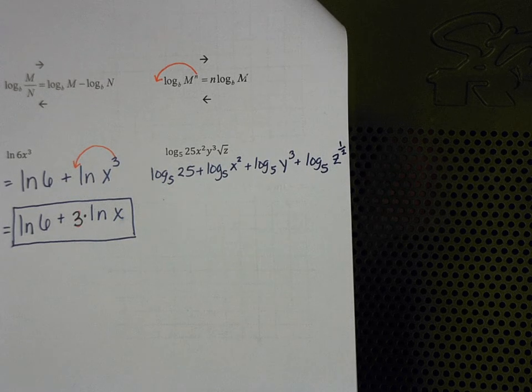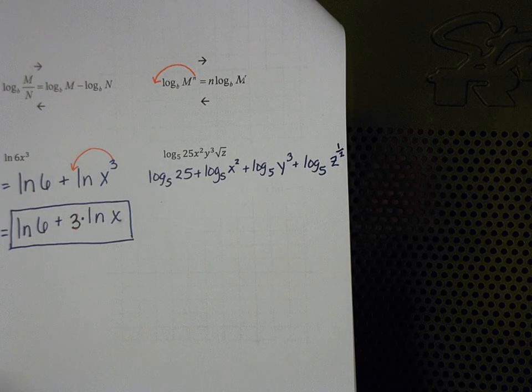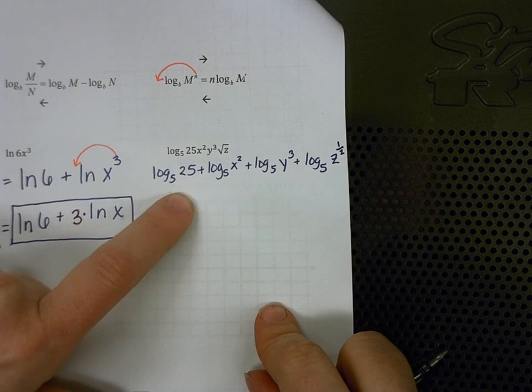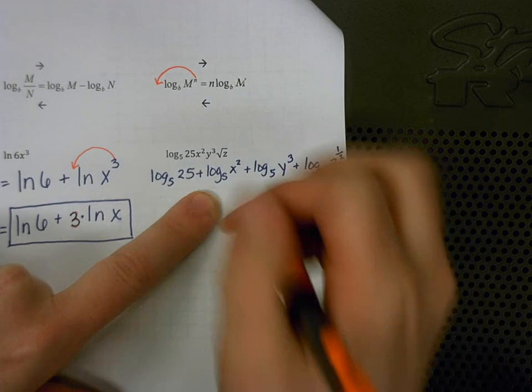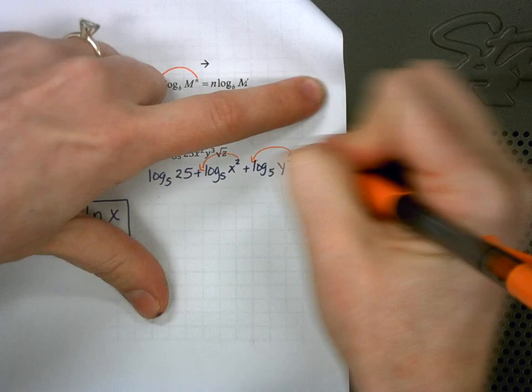Is there anything that can be evaluated from this problem? The variables cannot, but log base 5 of 25 can. Also, we're not done because we need to move all of those exponents out to the front.